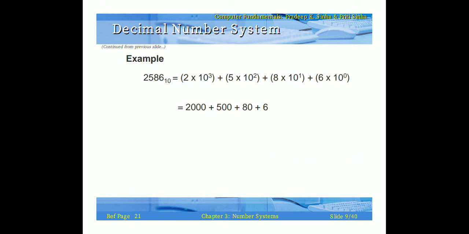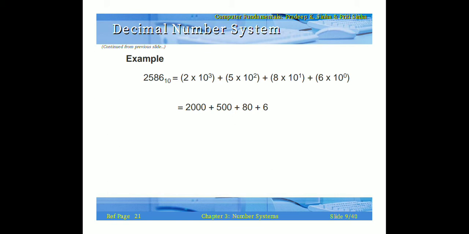If you give any number in the decimal number system like 2586, you can write this in a descriptive manner, that is 6 is in the unit place, 8 is in the tens place, 5 is in the 100 place, and 2 is in the 1000 place. So 6 is 6 into 10 raised to 0.